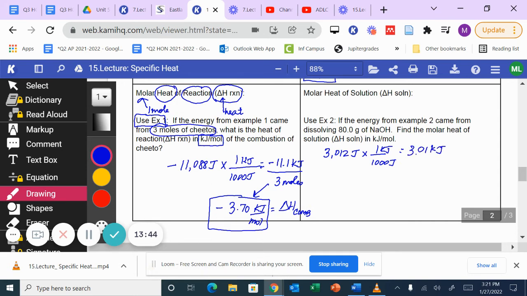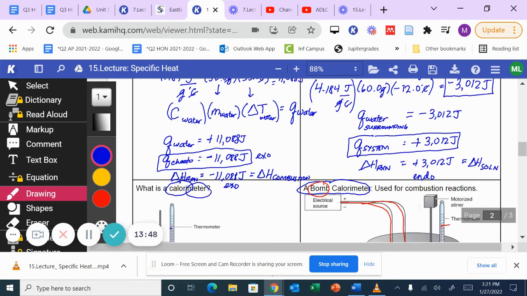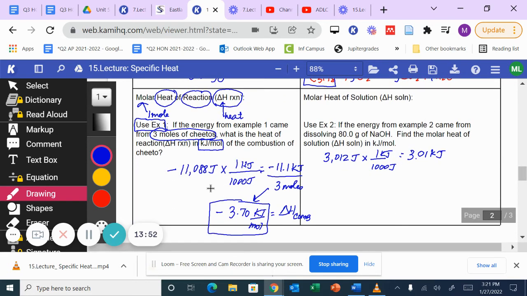And it's positive, right? Yes, it's endothermic. The molar heat of solution is the heat for every 1 mole. The unit for heat is joules or kilojoules. I'm going to use kilojoules because it's a big number, for every mole.